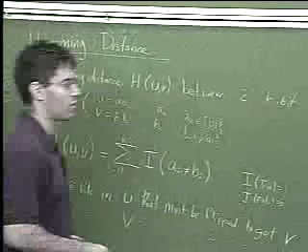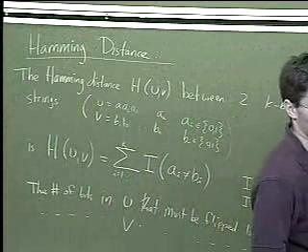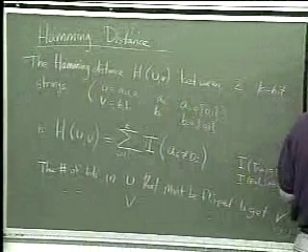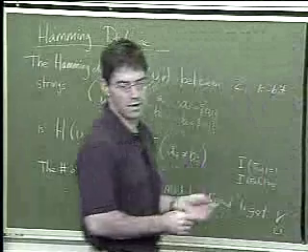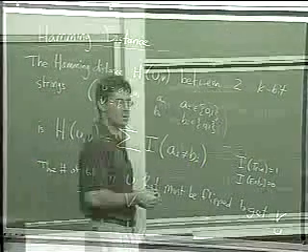Okay, so if you want to get V from U, you flip the first bit, you flip the last bit, right? So the distance of anything with itself is going to be 0. You don't need to flip any bits, right?